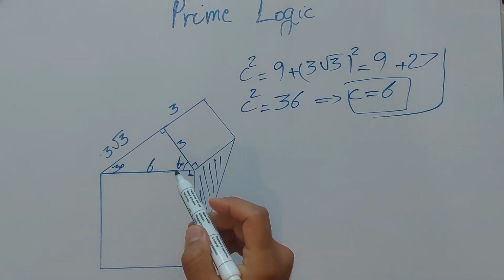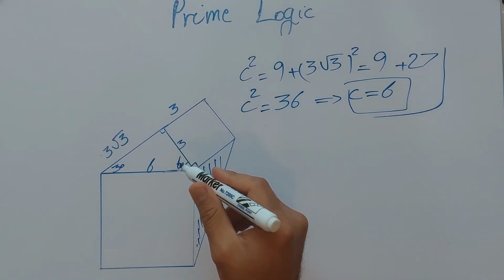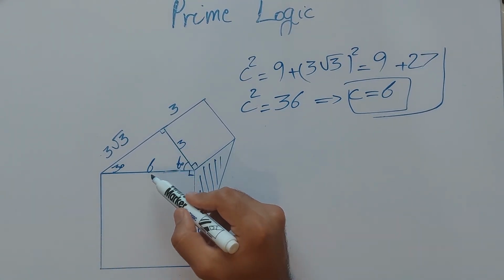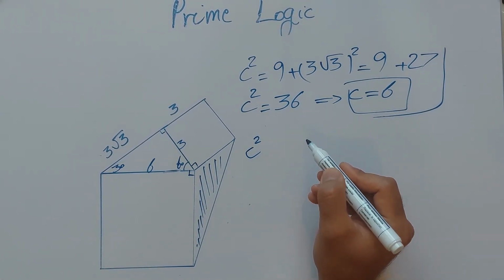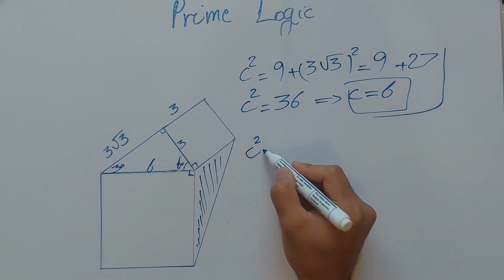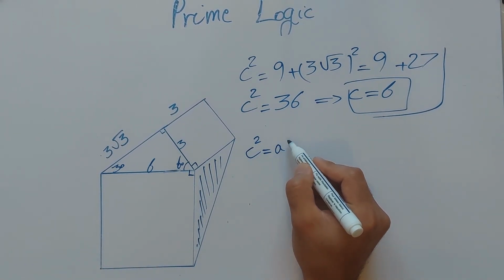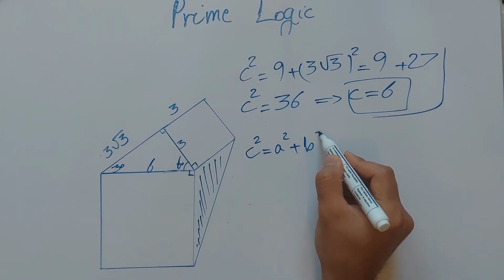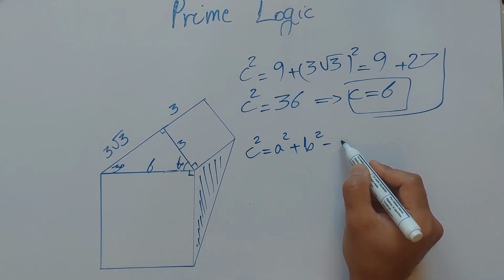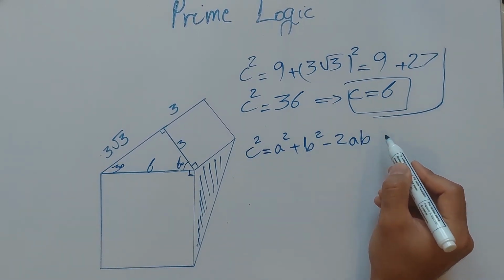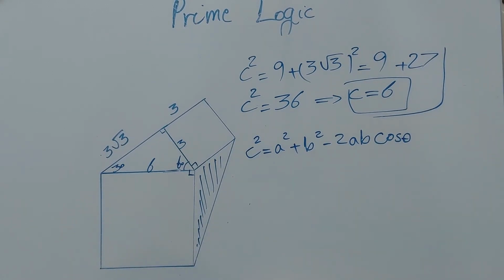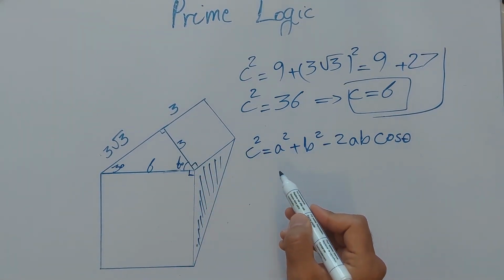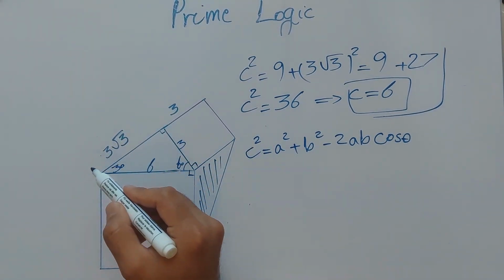But even if you don't know this faster approach, we can calculate the angle between two sides of any triangle using the law of cosines. The law of cosines says c squared, or any side of the triangle squared, equals a squared plus b squared minus 2ab cosine theta. So this is the c.